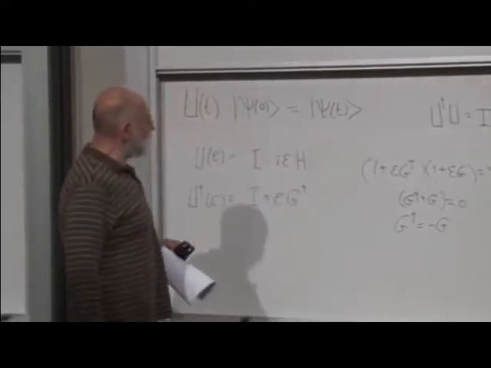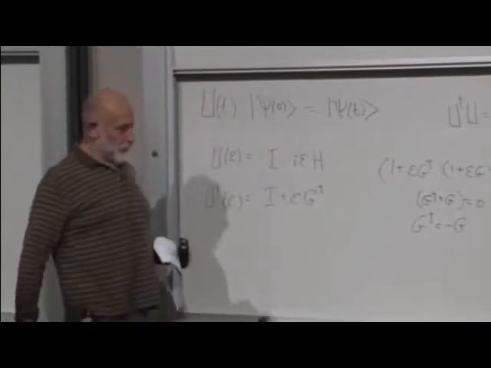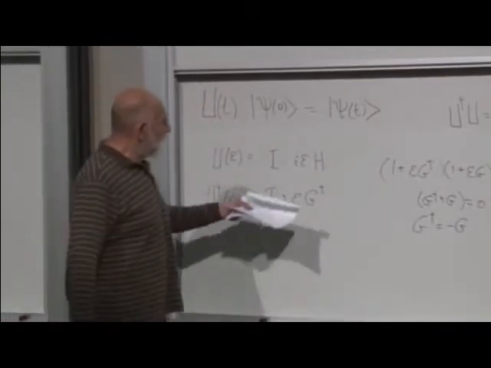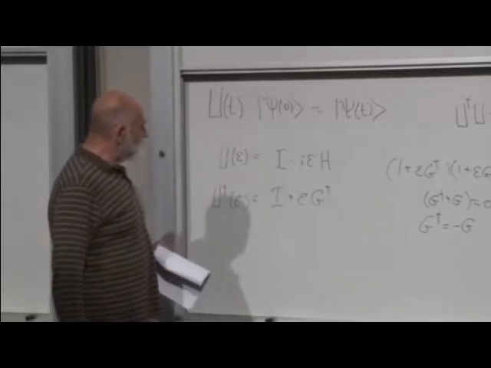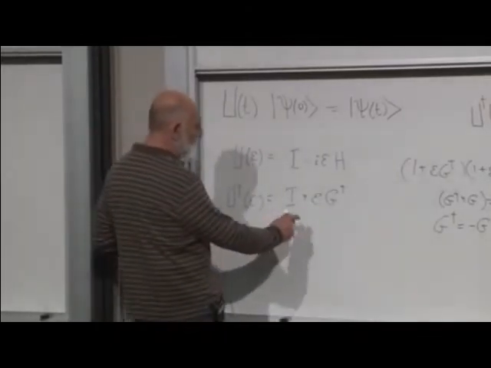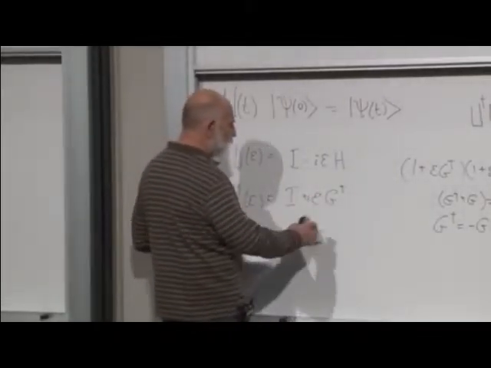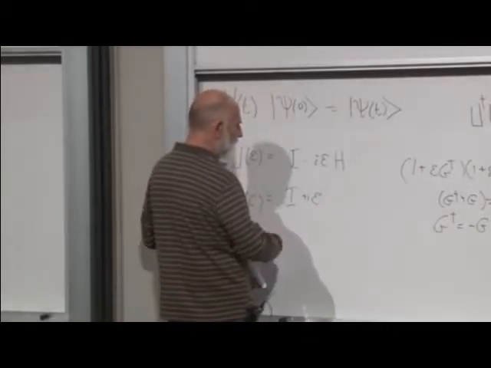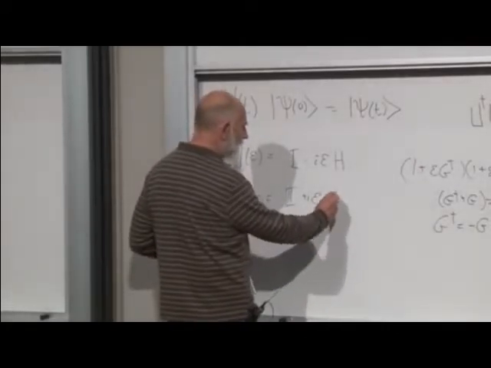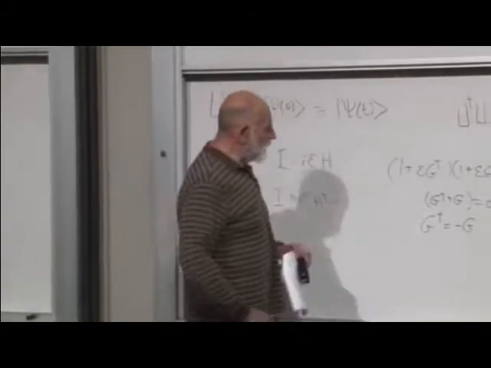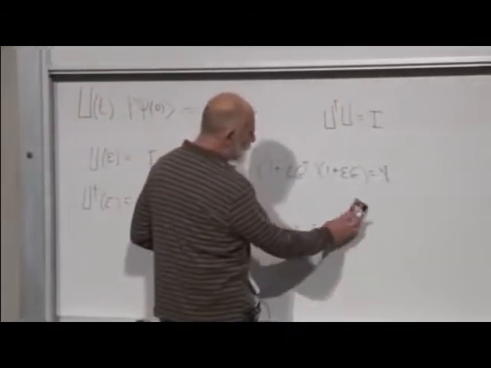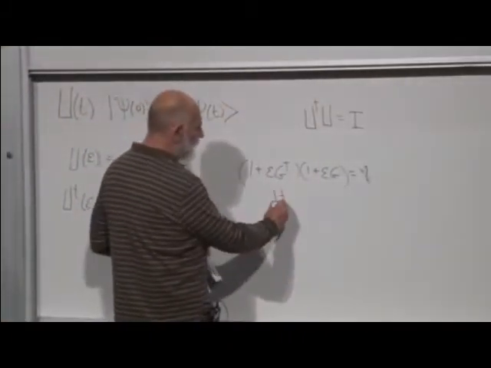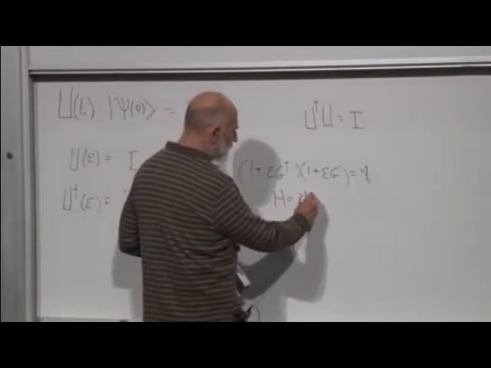Whether you put a plus sign or a minus sign here is a complete convention. It defines H. This one becomes 1 plus i epsilon H dagger, and the condition just becomes that H equals H dagger.